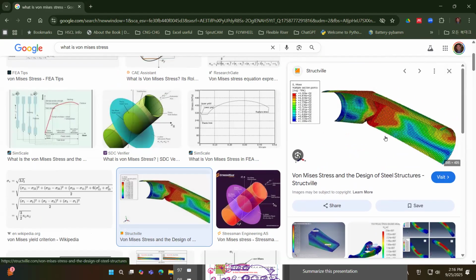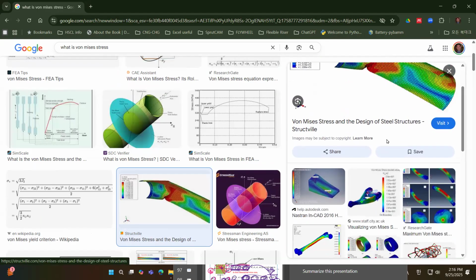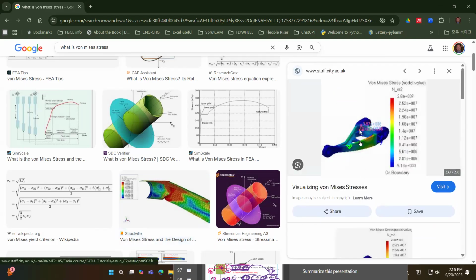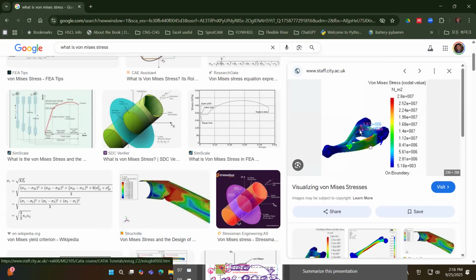But what is important is this gives us all the stresses, and this gives us all the stresses. And then at every point we get what? Von Mises stress. We calculate that one, and then now we designers would know whether this material will fail or not, or permanently deform or not.